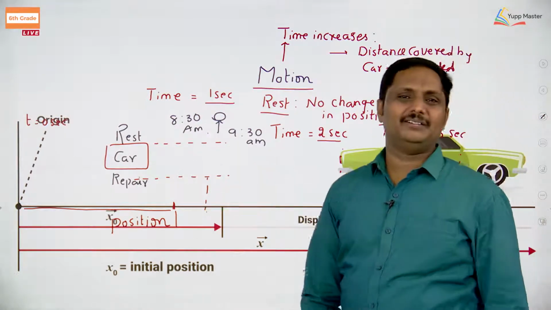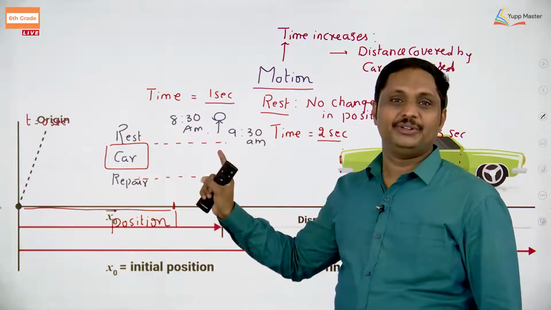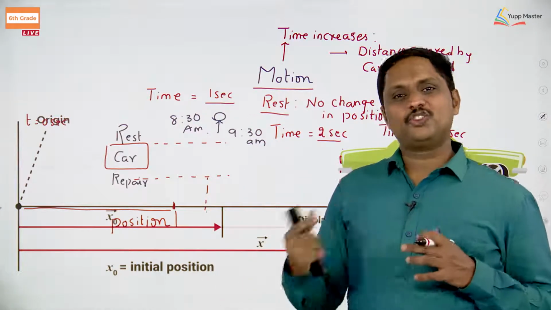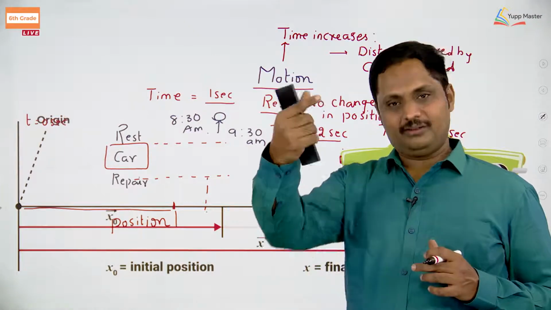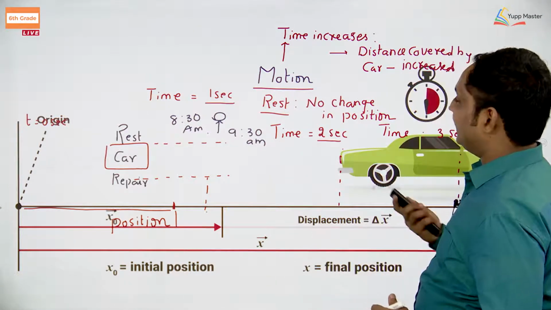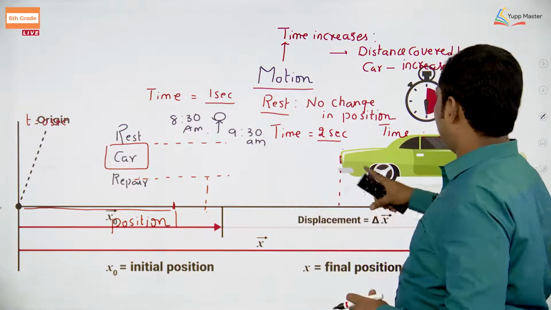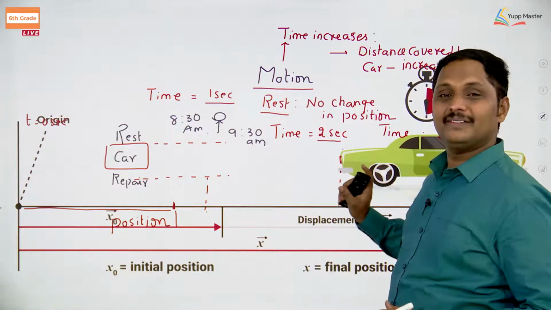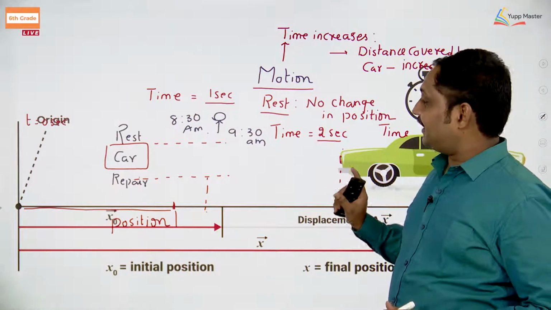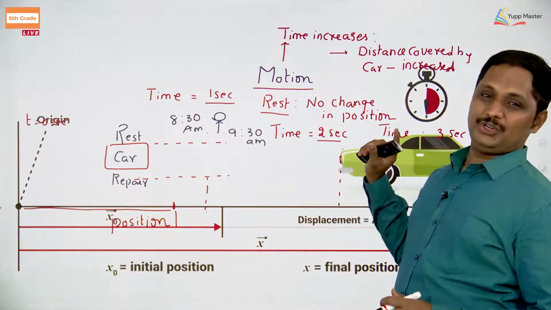What is the reason it is in the rest position? Its tire has been punctured, so they stopped that car on the road. It's very clear. Now you can easily identify that as time increases, the distance covered by the body increases, as long as it is in motion.